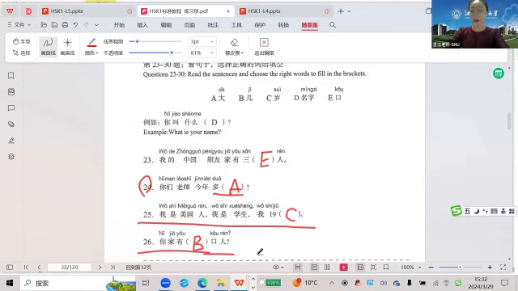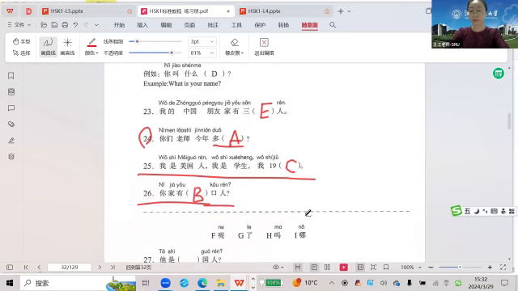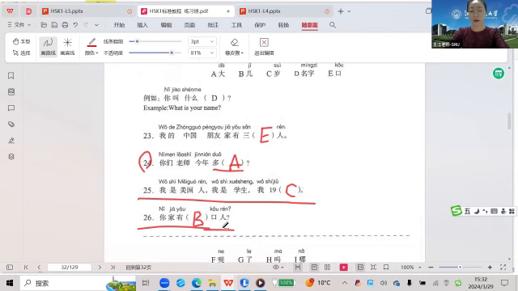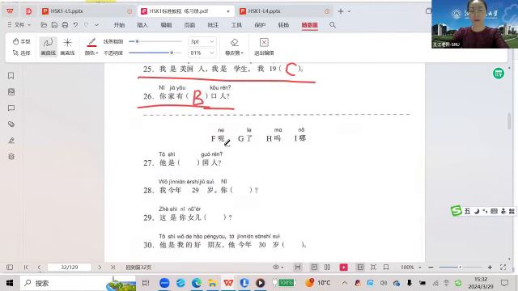What's the meaning of the sentence? You didn't finish answering my question. What's the meaning of the question? 你家有几口人？ How many people are there in your family? Okay, let's go on.